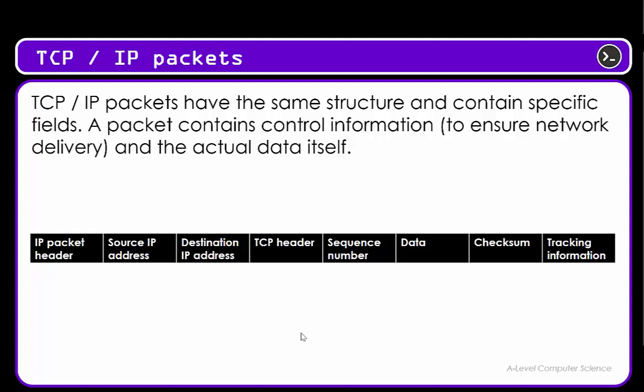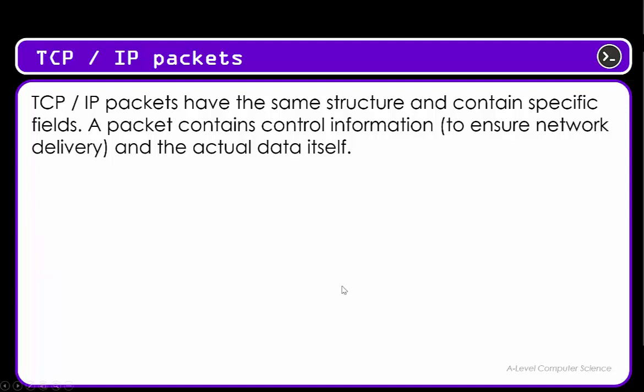The TCP header has a sequence number to say where this packet fits in with the rest of the packets. Then the data itself, what you're actually sending, a checksum, a little calculation to make sure that none of the bits or bytes, even down to the minuscule bit of data, is lost, and some tracking information which gives some information on the route it has taken.